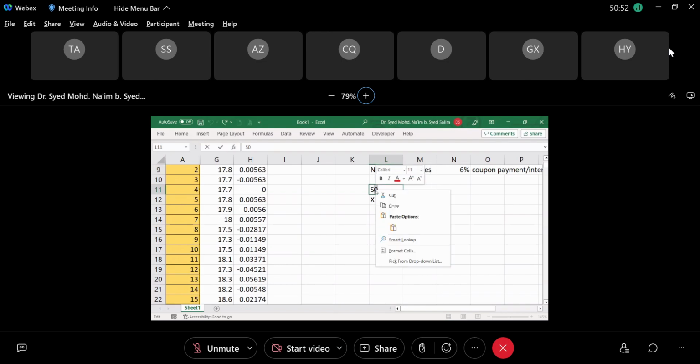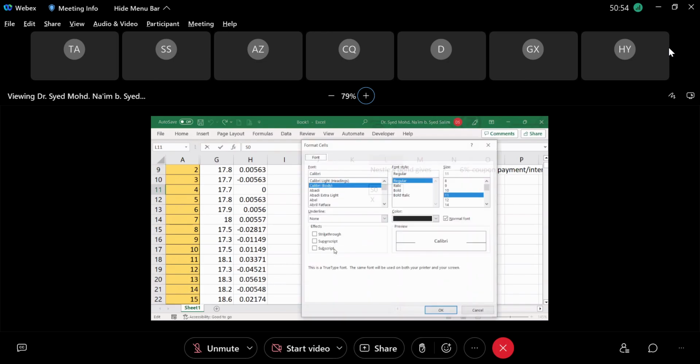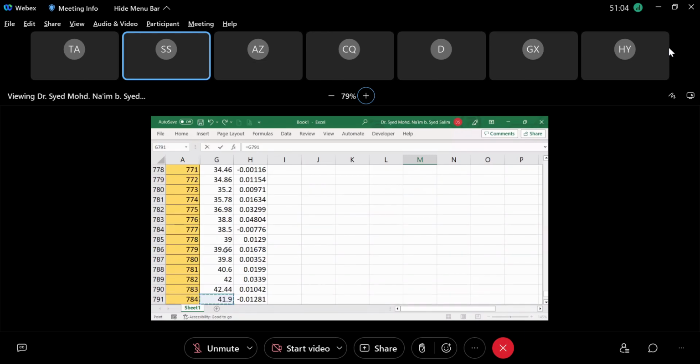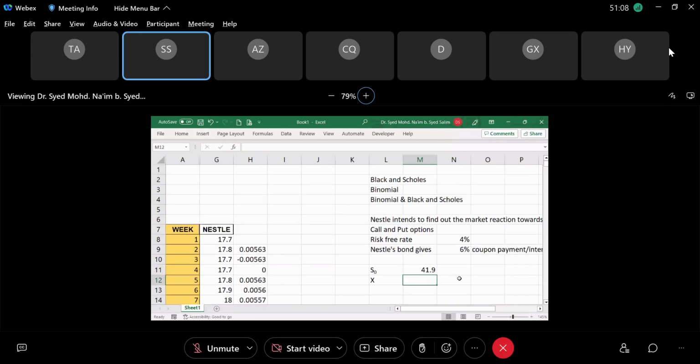That's time zero, which is the spot price, equal to 49.1, and the strike price is also the same.